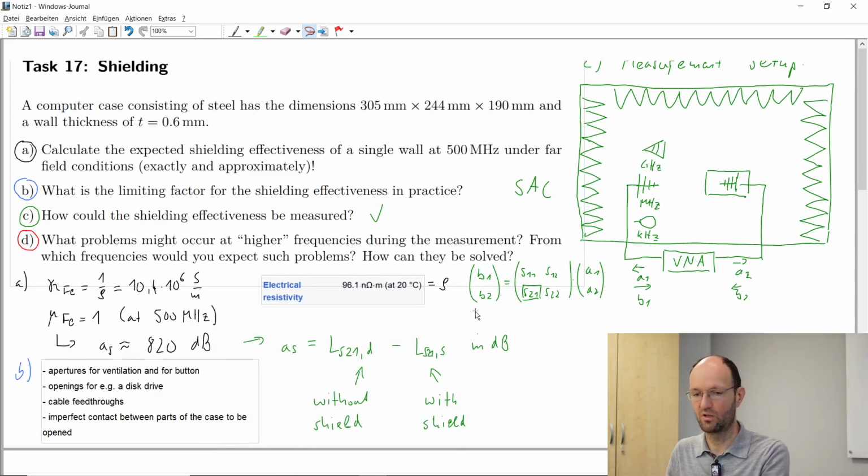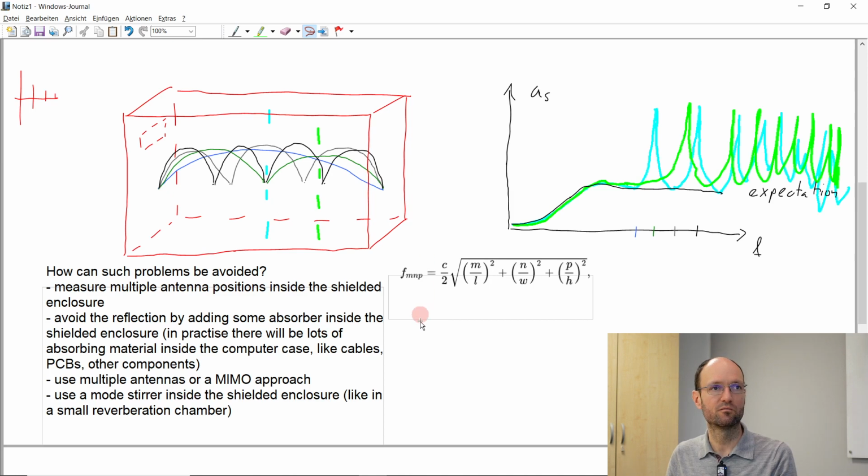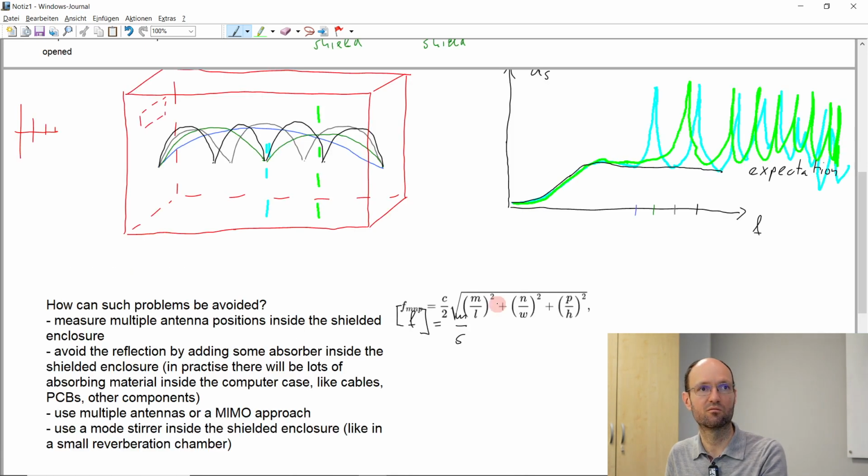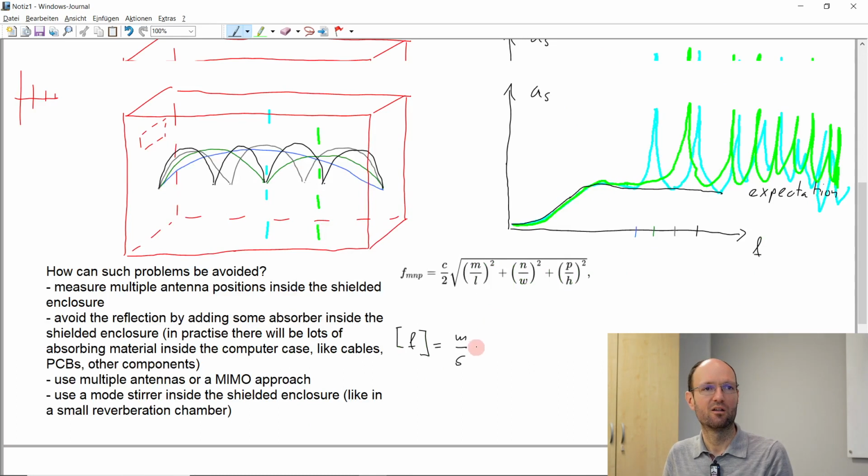And so we can check the unit of our frequency. The unit of the frequency is the unit of the velocity of light, which is meter divided by second, and something is wrong here. So meter divided by second, and then we always have something dimensionless.